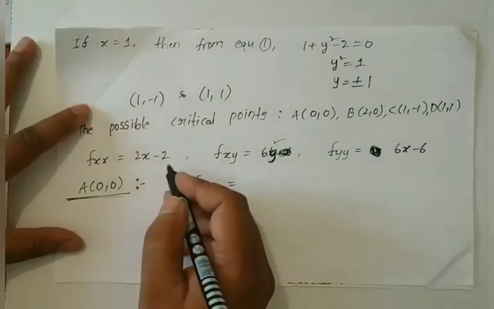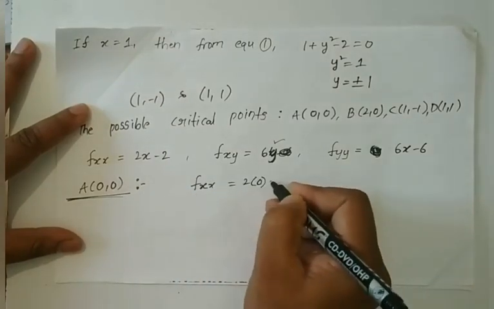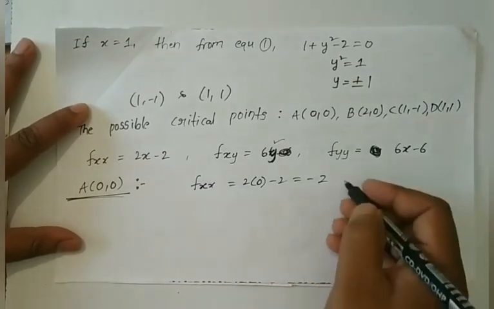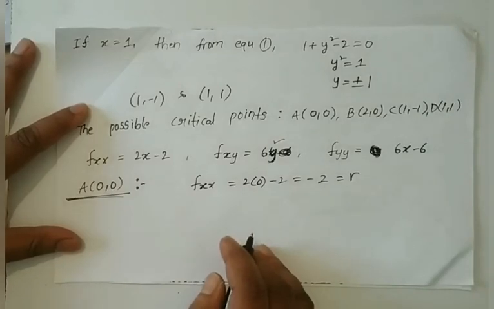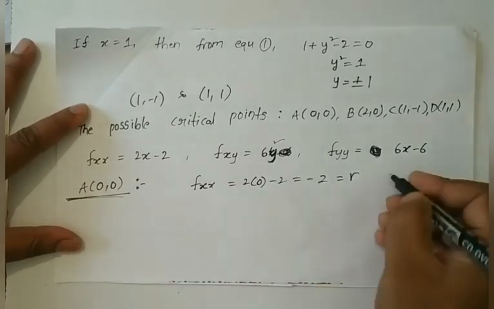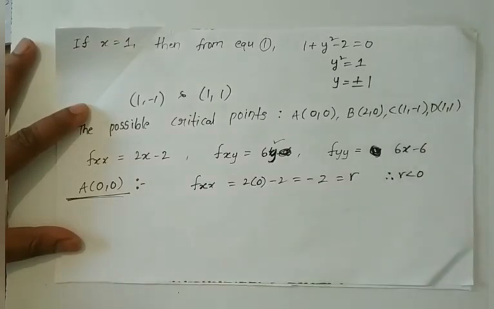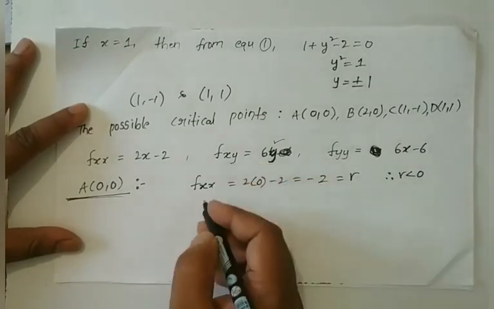Fxx is nothing but 2x minus 2. At the point (0, 0), 2 into 0 minus 2 is nothing but minus 2. That means r is equal to minus 2. Therefore in this case r is less than 0. Clear?